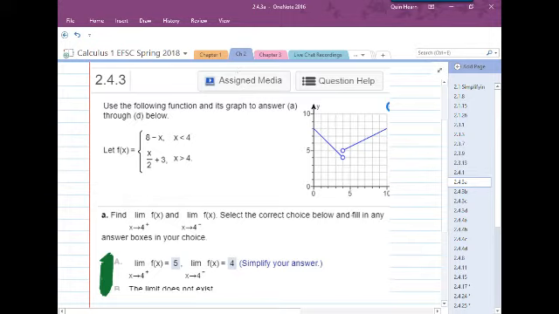Okay, so I'm going to continue talking about left and right-handed limits for a little bit, and then maybe some continuity as well.